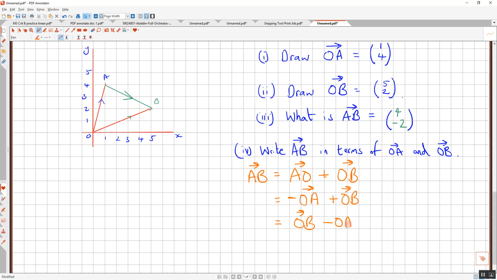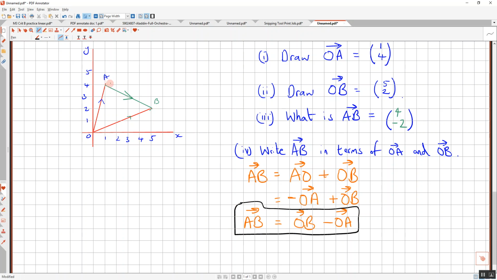Subtract O to A. Now this kind of rule is so important, okay? It gets used loads. Sorry? I didn't know you could figure it out that way. I just used it. Yep, that's fine. This is the kind of way that we want to start to think about it, alright? You're traveling along the vectors.